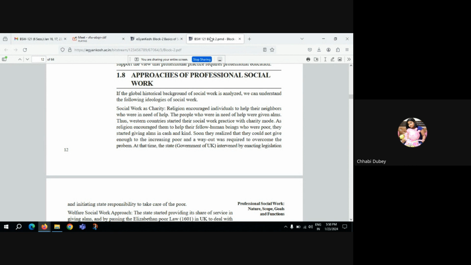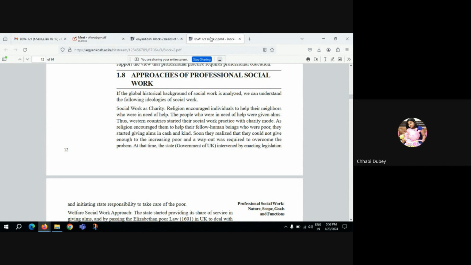It was considered to be their religious duty, and not only that, all the religions of the world have supported this concept of charity as an important part of the duty of an individual. And the Western countries started the social work practice with the charity mode.